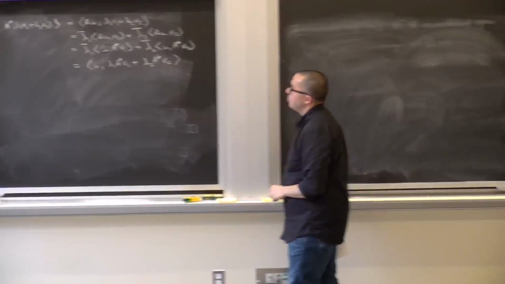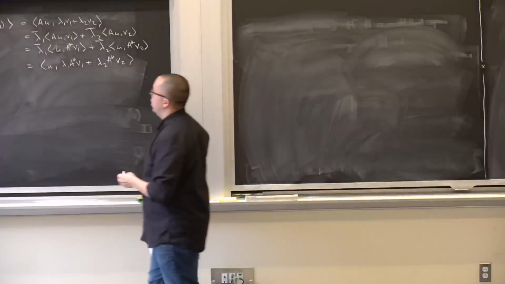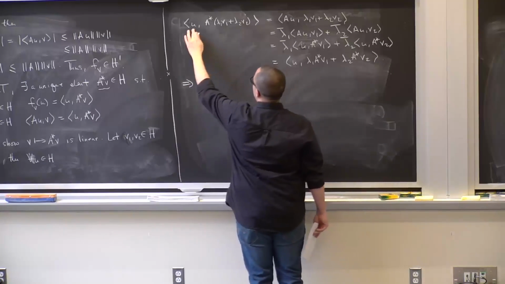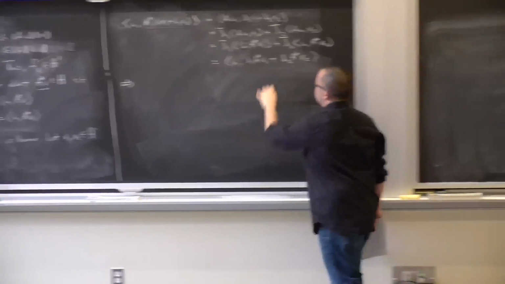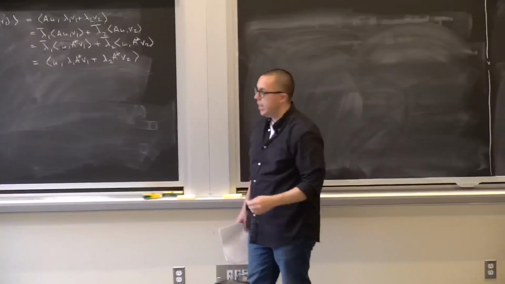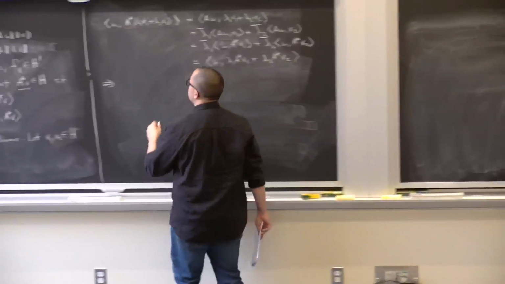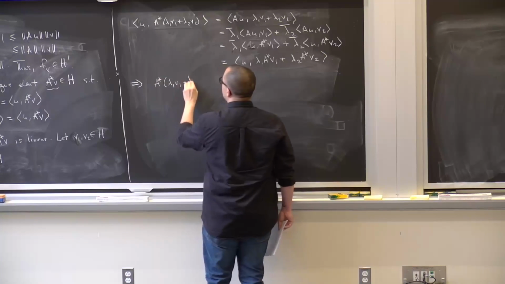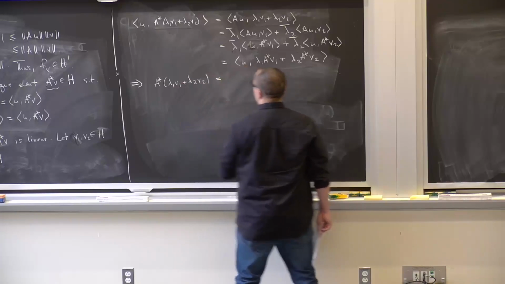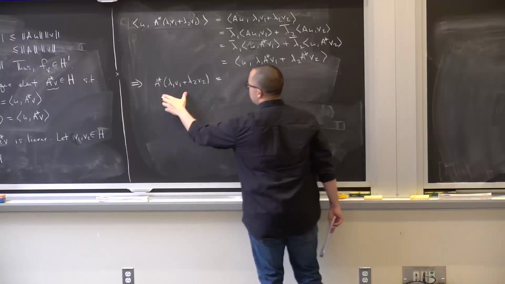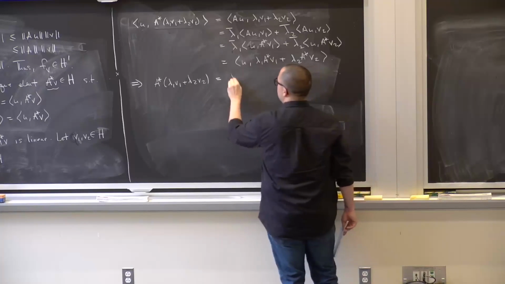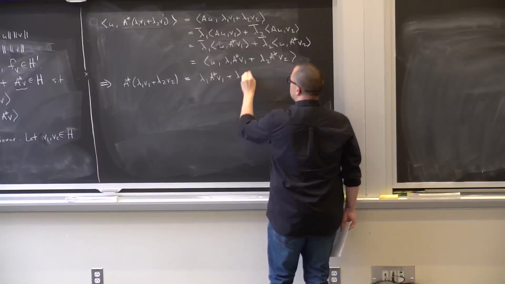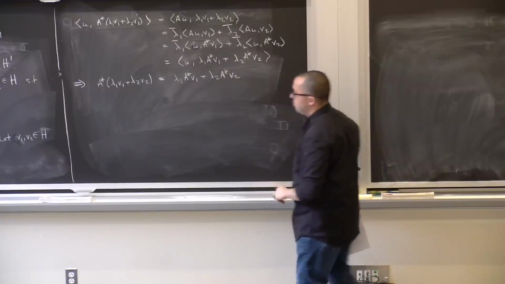Okay? Now this holds for all u in H, i.e. the inner product of u with this minus this is 0 for all u in H, and the only thing orthogonal to everything in H is the 0 vector. So we conclude that this element corresponding to this linear combination is a linear combination of these elements.